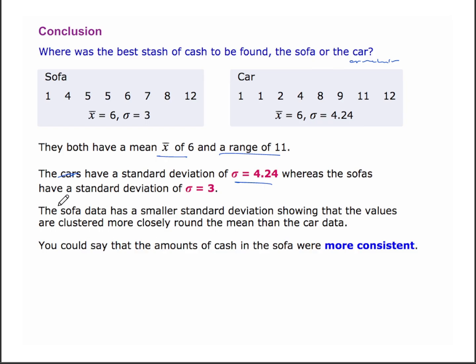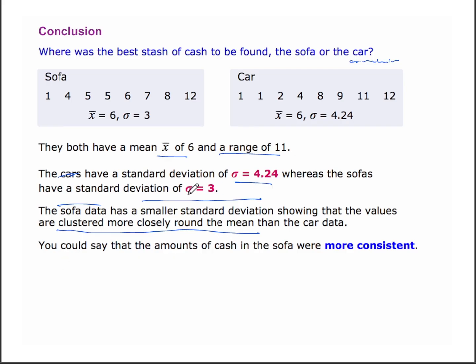This means that the sofa data had a smaller standard deviation, showing that the values are more precise. They are more consistent around the mean. They are not very far off the mean compared to the armchair data.